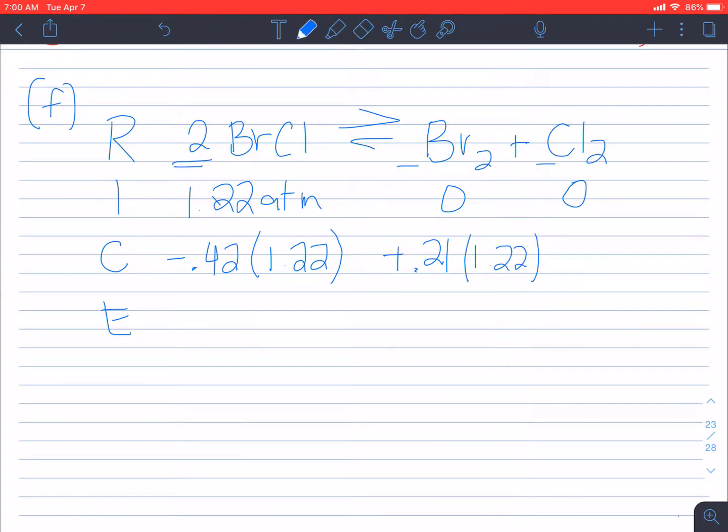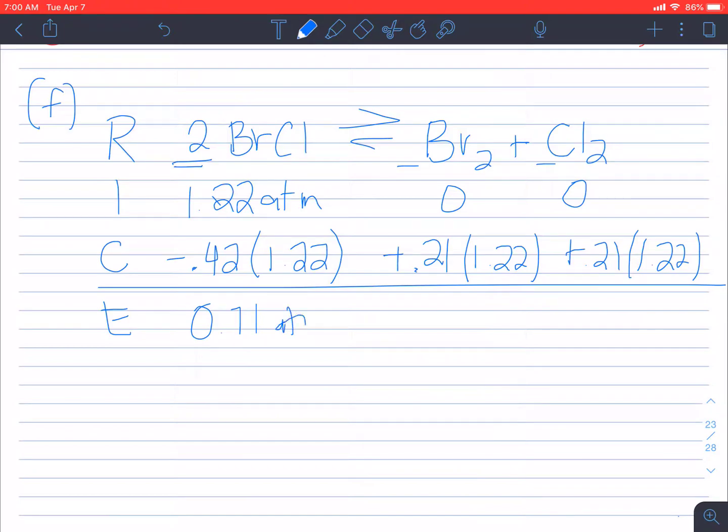Or my dog, I don't know which one. Plus 0.21 times 1.22. So let's go ahead and calculate the equilibrium values: 0.71 atm, 0.26, and 0.26. This right here would be 2 points.